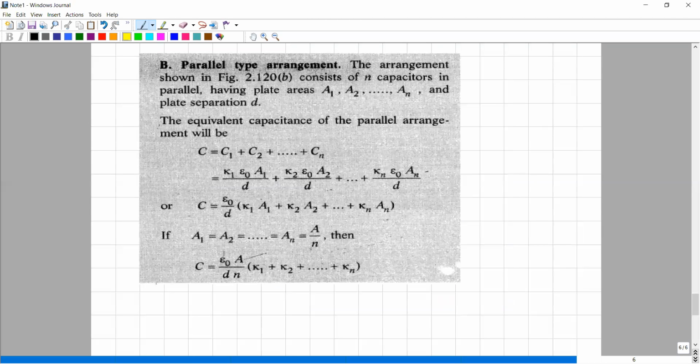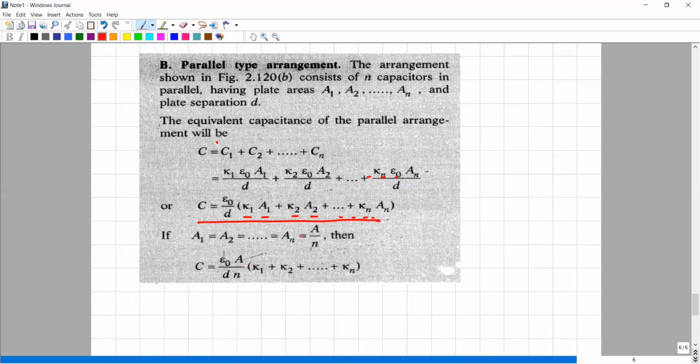You will get C1 plus C2 plus C3 till Cn, where the individual C1 is equal to K1 epsilon naught A1 by D, then K2 epsilon naught A2 by D, then Kn, and so on. So epsilon naught by D is a constant. You see, it's there in every term. That's why I can take this as a common term, and then I will get K1 A1 plus K2 A2 and so on. So this is our simplified formula.